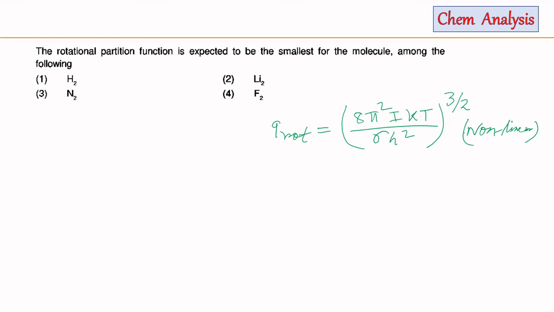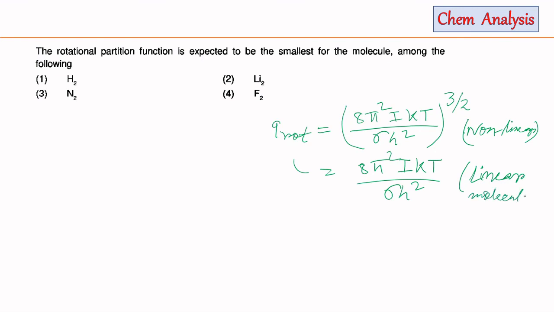And if it is for a linear molecule, the relation will be this one, 8 pi square I kT divided by sigma h square, for linear molecule. Okay, here all the given molecules are linear, so this equation will be applied for these molecules.